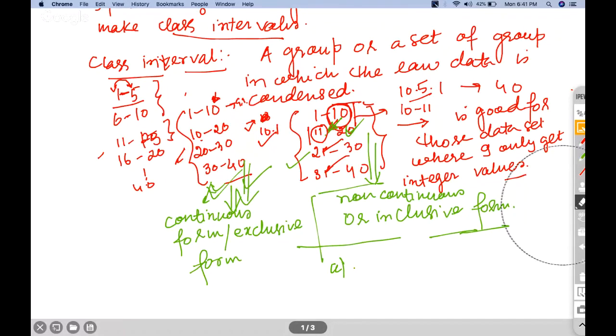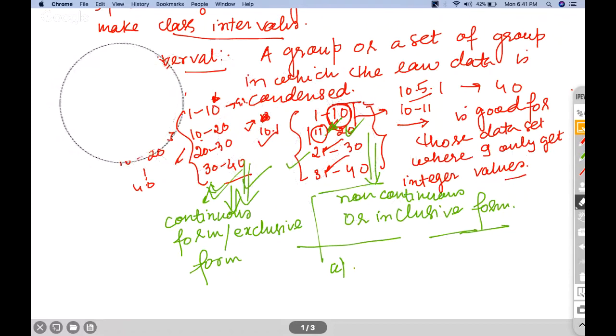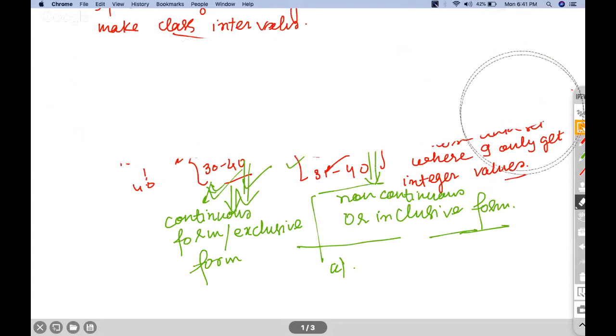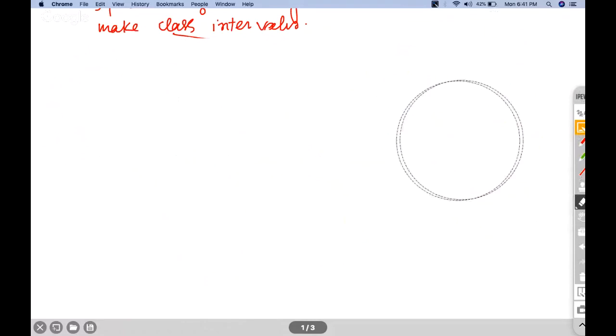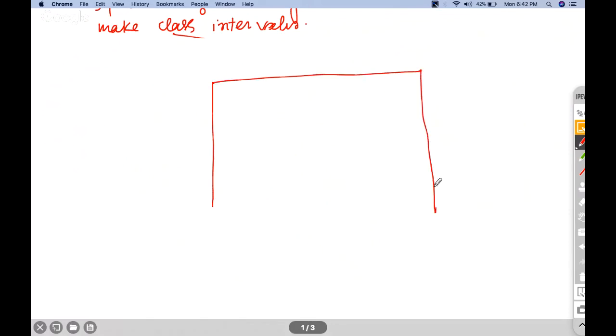So now let me move to arrangement of the given data into a frequency table. I take class intervals. There is no need to make tally marks here, and I will make it in both forms. First I am making it in exclusive form.